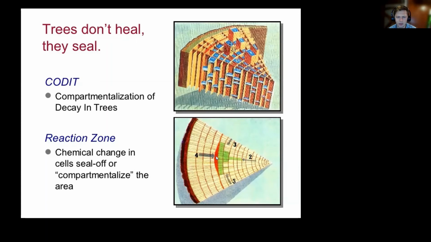This event where the tree was damaged was right here, where it's red. And wall four was able to contain all of this and prevent it from spreading to all of the new growth.